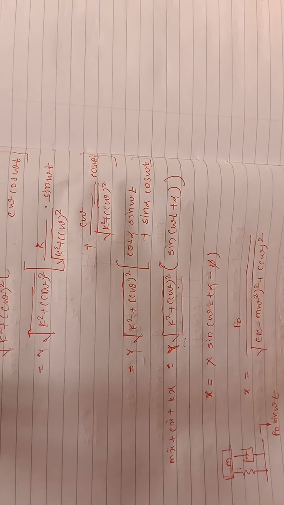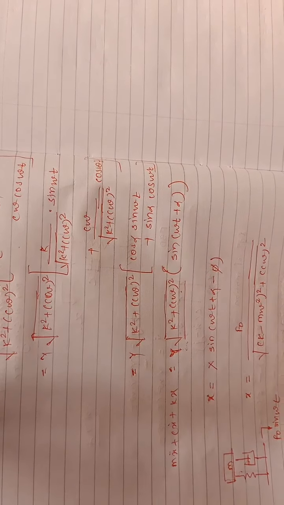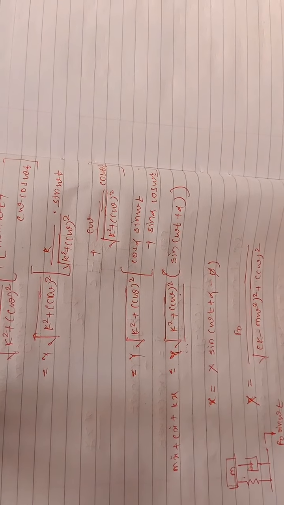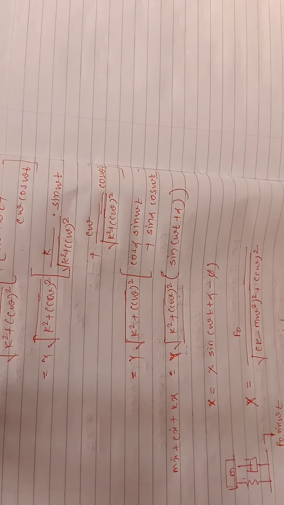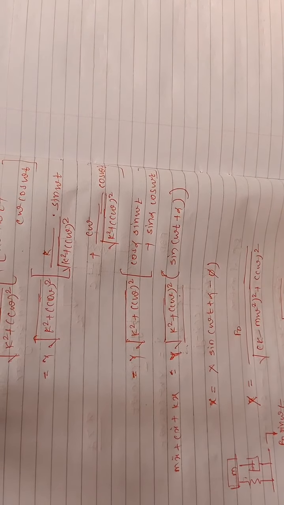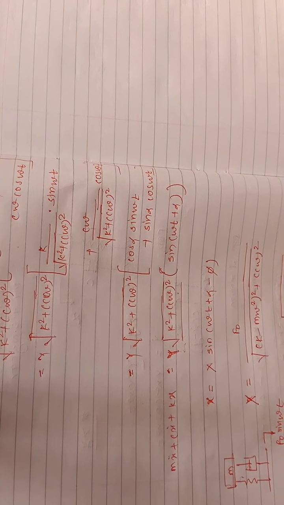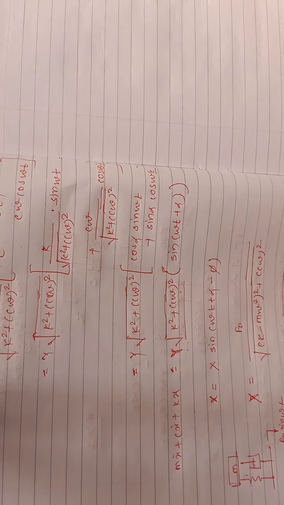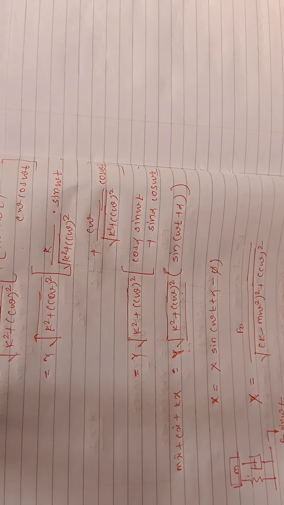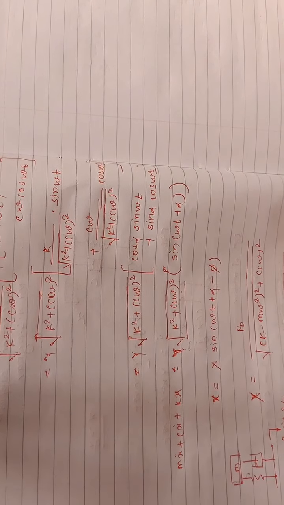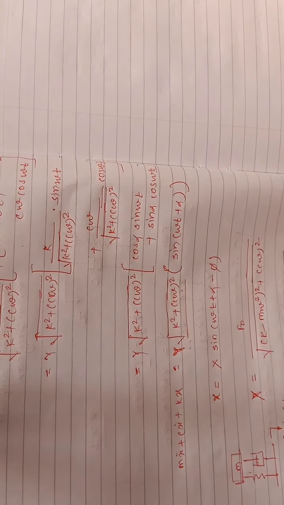So we will write X will be Y square root of k square plus (c omega) square divided by square root of (k minus m omega square) bracket square plus (c omega) bracket square.